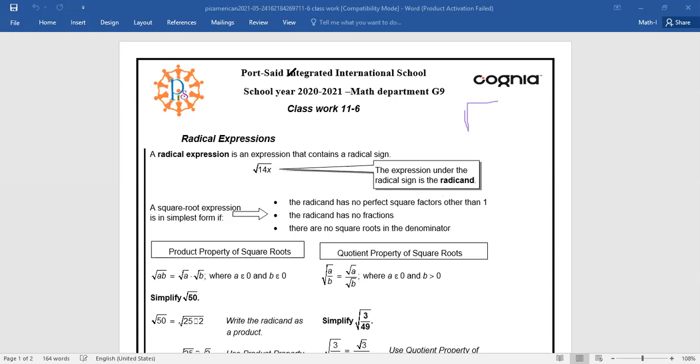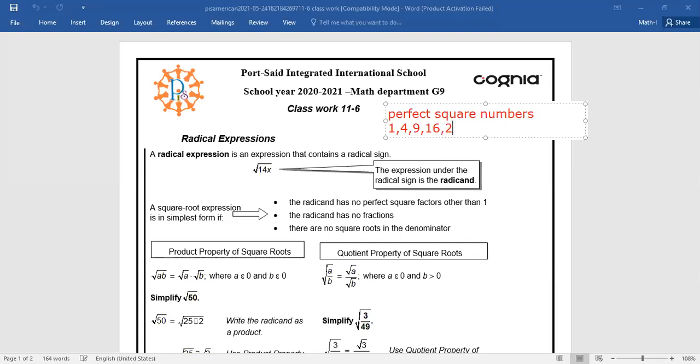Before we start, let me revise with you. Do you remember what the perfect square numbers are? Grade 9, what are the perfect square numbers? 1 times 1 equals 1. 2 times 2 equals 4. 3 times 3 equals 9. 4 times 4 equals 16.